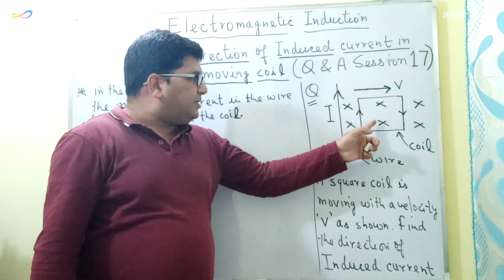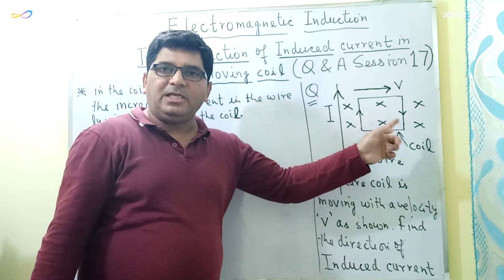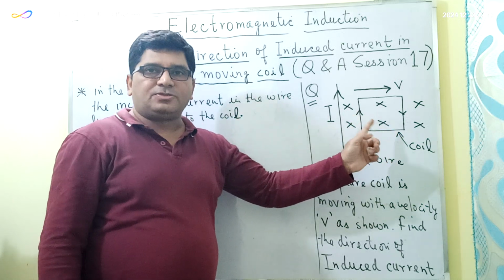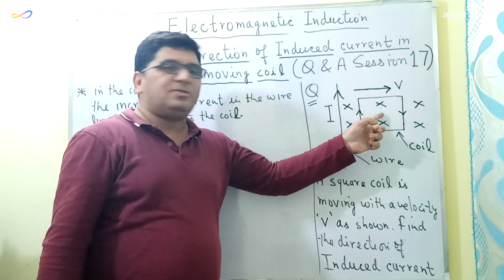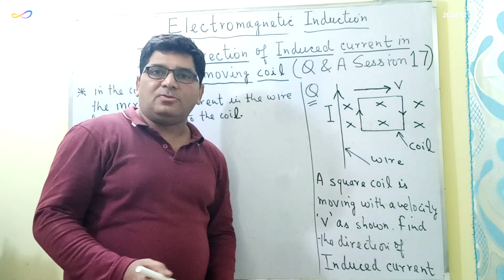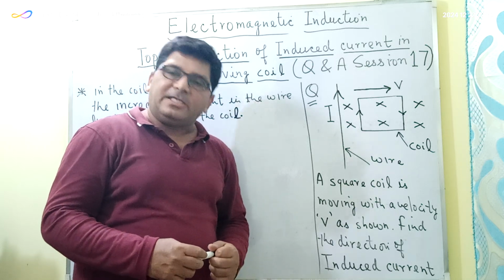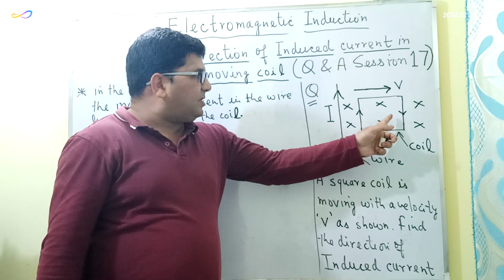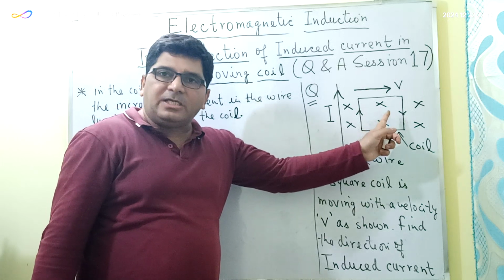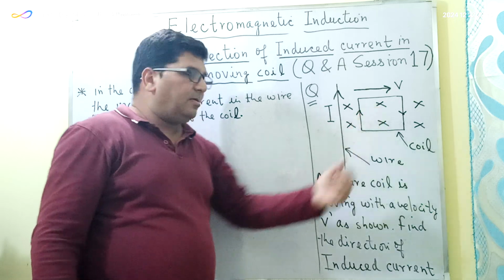Now here the magnetic field is continuously decreasing with time. So the magnetic field due to this induced current will try to reduce this decrease in the intensity of the magnetic field, and for that purpose the direction of the magnetic field due to this induced current will also be directed into the plane of the paper.